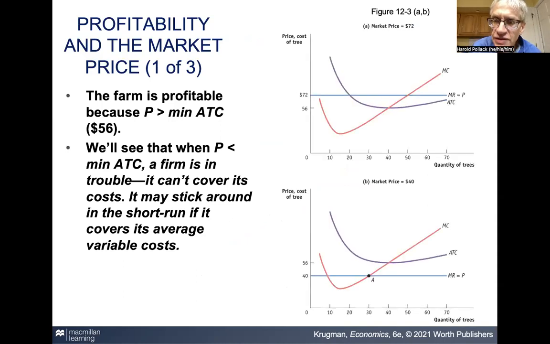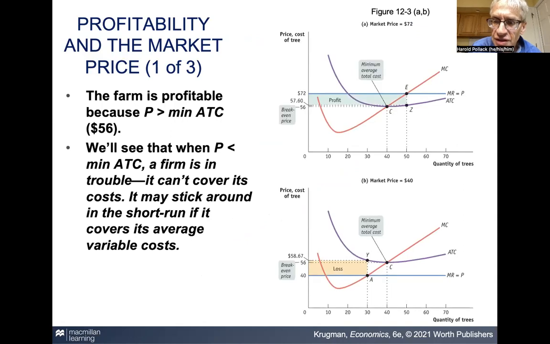So let's just see if we can get all the two different situations. Up top, the firm is profitable because the market price is higher than the minimum average total cost curve. So the firm has a marginal cost curve here, and it's going to choose to produce at this point E, but the firm's making money because its average total cost curve is always below that market price.